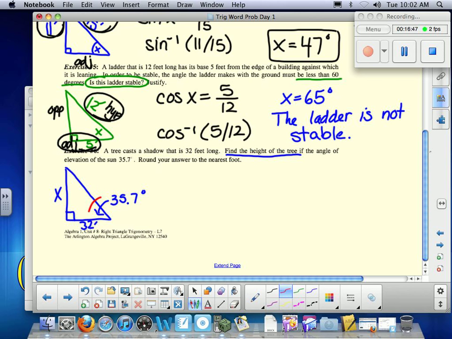So here's our angle. I'm labeling my sides. Which trig function are we going to pick? Tangent. And my angle is this weird 35.7 thing.